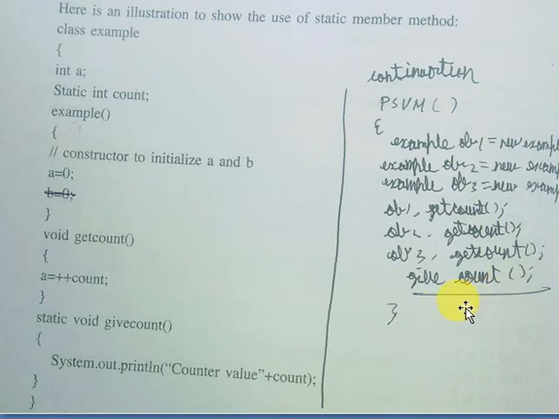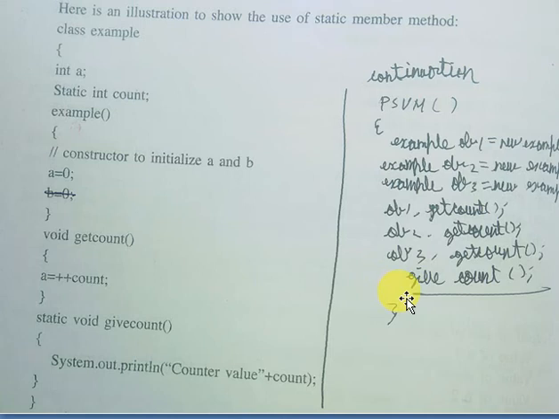And if we call the giveCount function at this moment, see, while calling giveCount, we are not writing any object name over here. We already discussed in the function chapter, if a function is a static function, it can be accessed without an object reference. So the object name is not here, right?